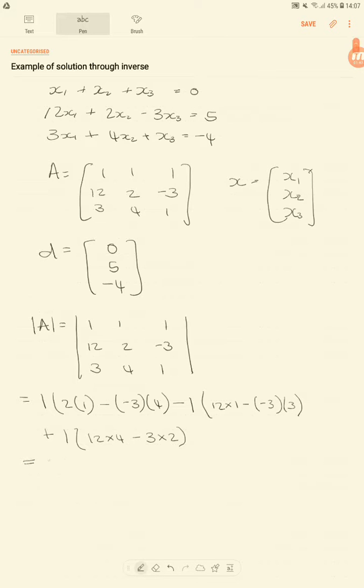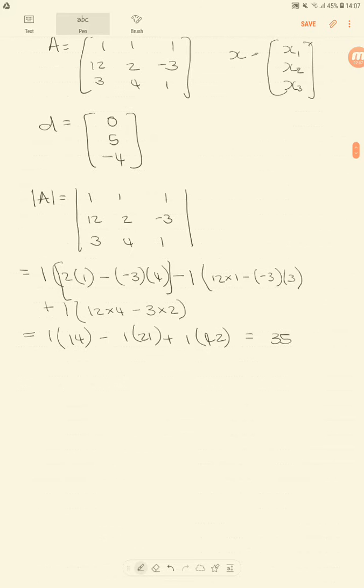This is equal to 1 times 14 minus 1 times 21 plus 1 times 42, which is equal to 35. So we have the determinant of A equal to 35. This is not equal to 0.